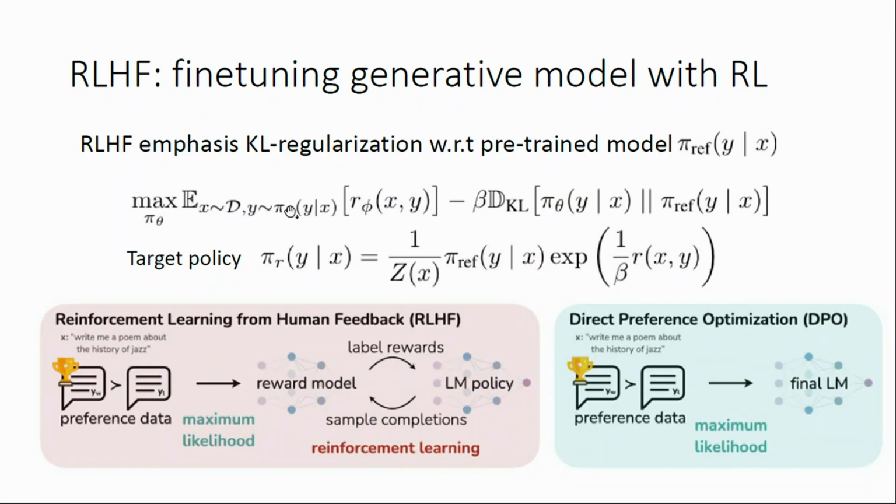No? Okay. So you can see that this is the most common objective for reinforcement learning fine-tuning. You can see that the biggest difference between this and the policy gradient is this additional term of KL divergence regularization.